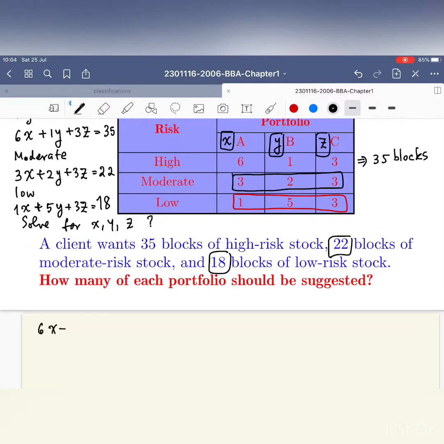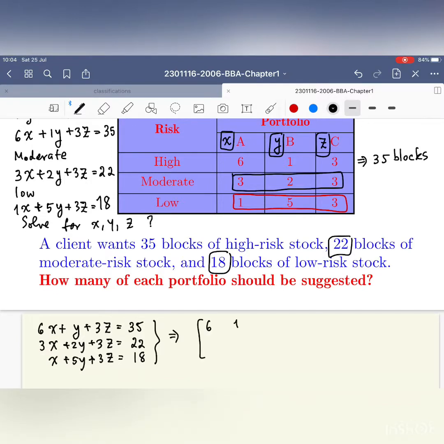So you have 6X + 1Y + 3Z = 35, 3X + 2Y + 3Z = 22, 1X + 5Y + 3Z = 18. Or it can be written in terms of a matrix, together with a variable matrix x, y, z equals 35, 22, and 18.